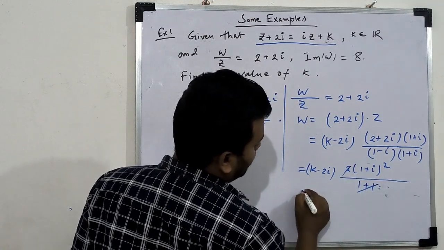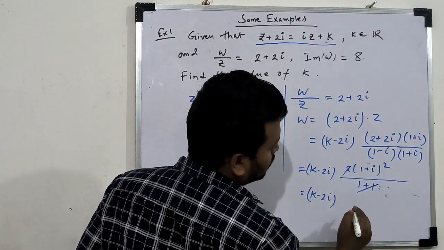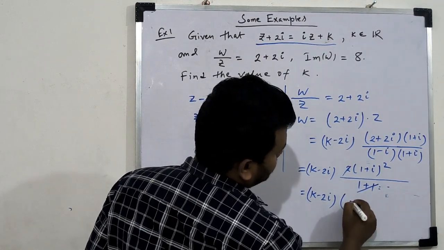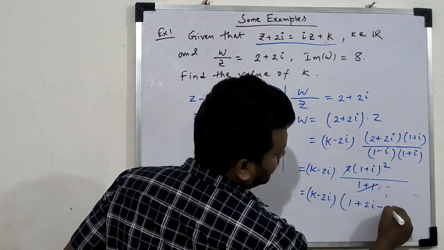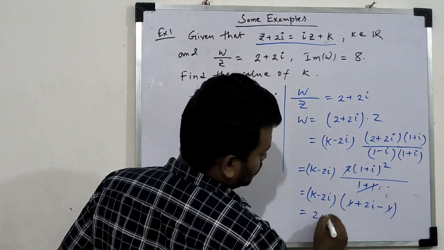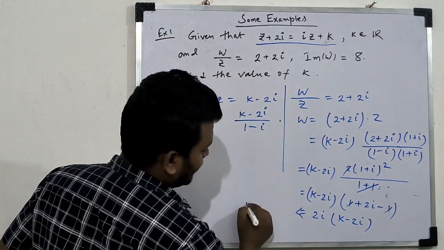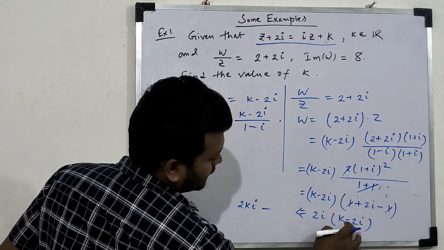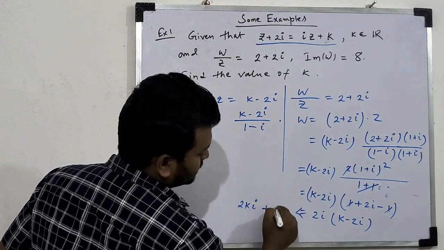And this is (1 + i) squared, that is 1 + 2i + i squared, that is −1, so that cancels out, so we get 2i times (k − 2i), that is 2ki − 2i squared, that is plus 4.